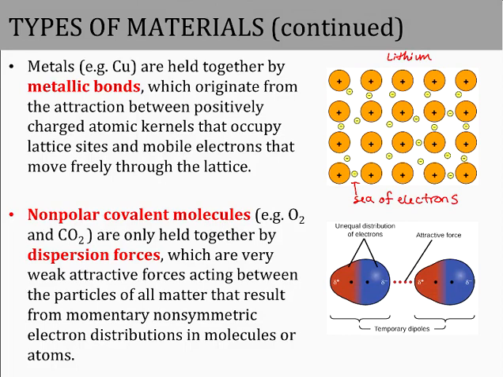So we end up with a lot of positively charged lithium atoms surrounded by a bunch of electrons. And those electrons are just moving around, and that's what's really holding everything together, is that sea of electrons, but also the negative and positive charges that occur.